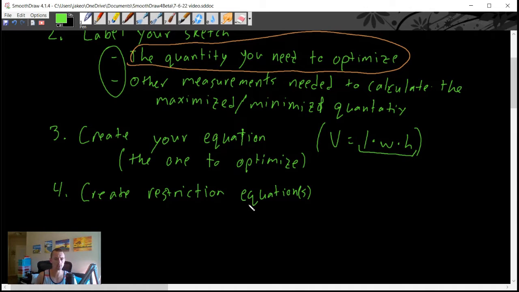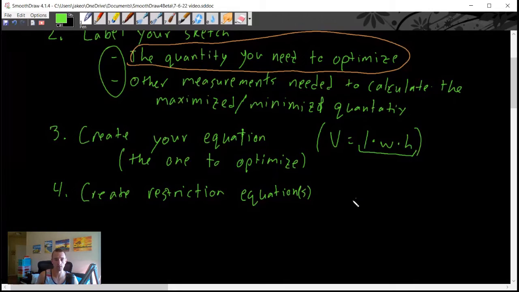What your restriction equations are going to do is relate these quantities. For example, let's say you know that your box has some relationship between the sides. Maybe it has a square base, and there's some restriction on how much cardboard you have to build the box. Basically, you would use the fact that the total surface area of the box has to add up to some certain thing.